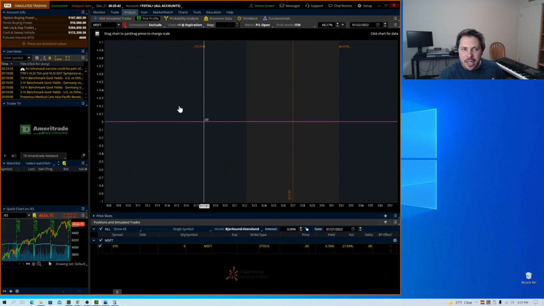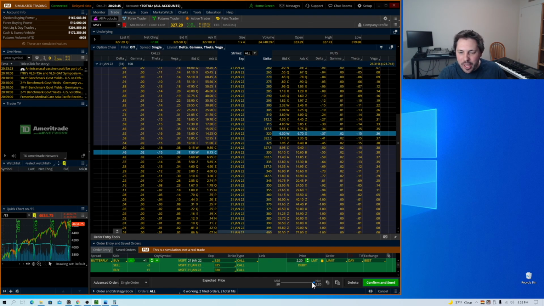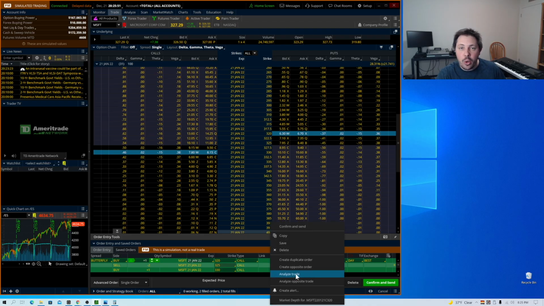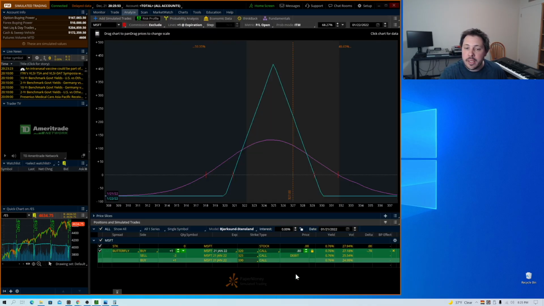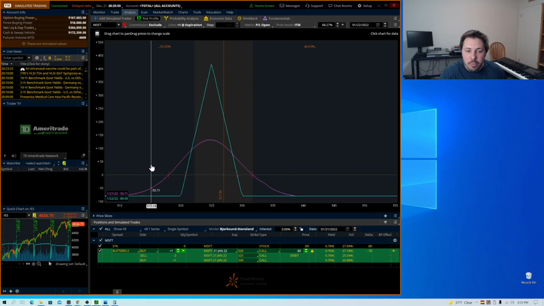On the other hand, if we were able to get this for an 80-cent debit, the lower end of that bid-ask spread, look, much better risk to reward. We're only going to lose $80 on this, but we have the ability to make almost $400 at expiration.